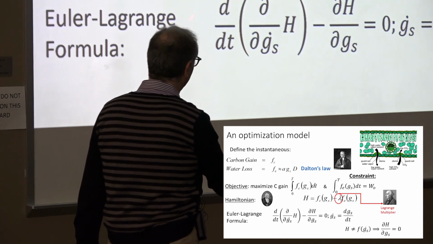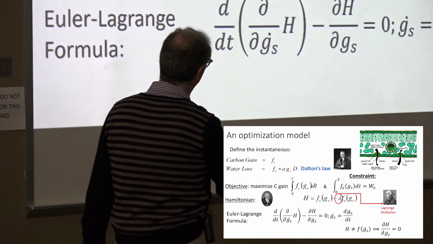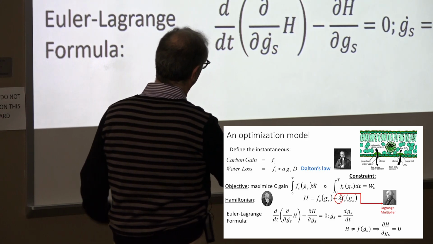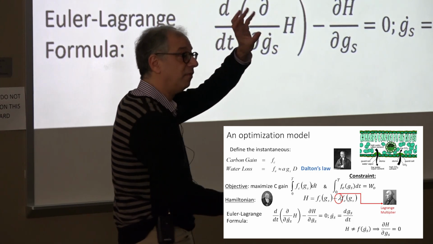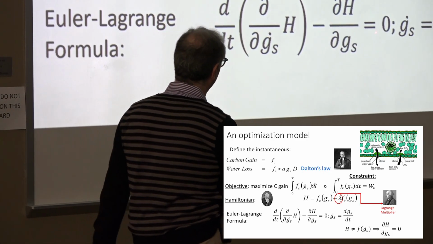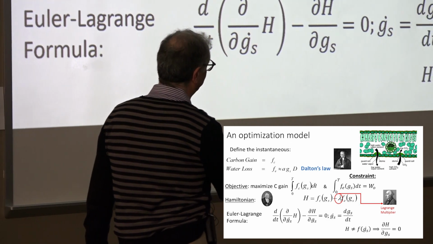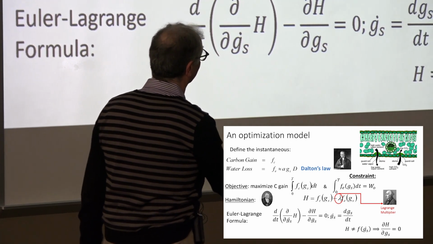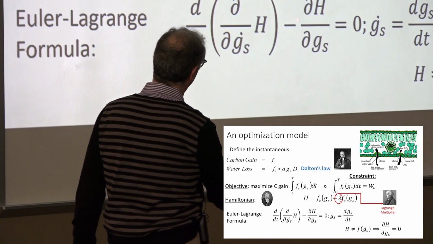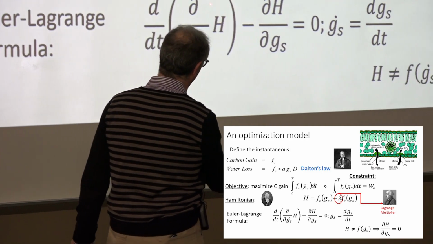These are just the standard Euler-Lagrange equations. But they get simplified more, because the equations themselves don't depend on the derivative of the opening and closure of the stomates. The velocity of opening and closure is not too crucial. So you're left with one equation that says dH/dGs must be 0, because the Hamiltonian is not a function of the derivative of the stomatal aperture. So it doesn't depend on the velocity of opening and closure. And remember, these are partial derivatives.